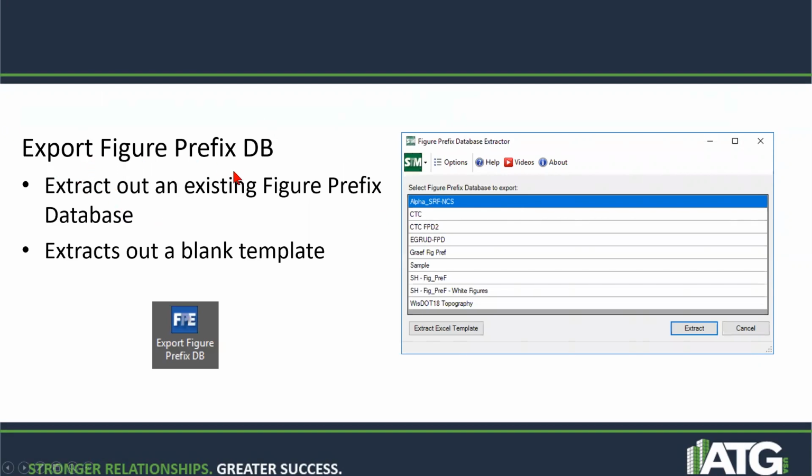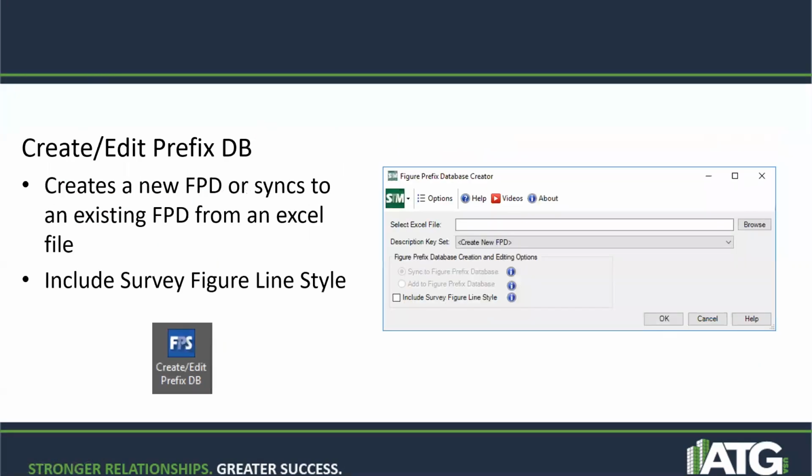So with the prefix database, we take our active drawing, we choose one, we spit it out into an Excel file. We can also start from scratch if we want to. When we're creating it, again, this is going to look very similar to the description key set workflow. We're going to find that file that has the info we're looking for.